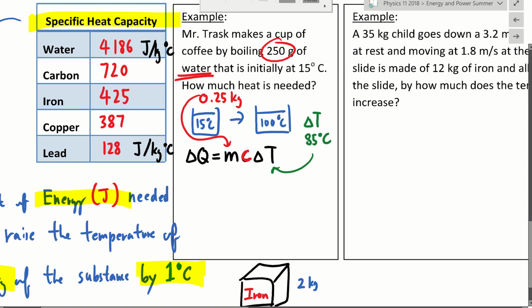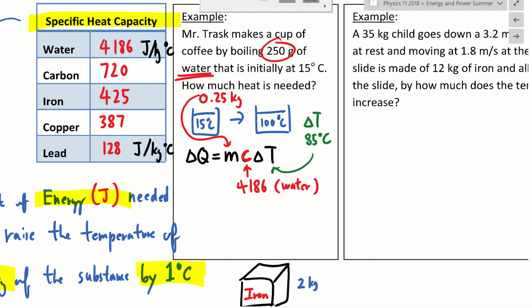So every question is going to be different. Look at which material you're actually using. So in this case, for water, this number is 4186. Now, that's only for water. If the question says you're heating up, for example, silver, then it will be a different value, right?